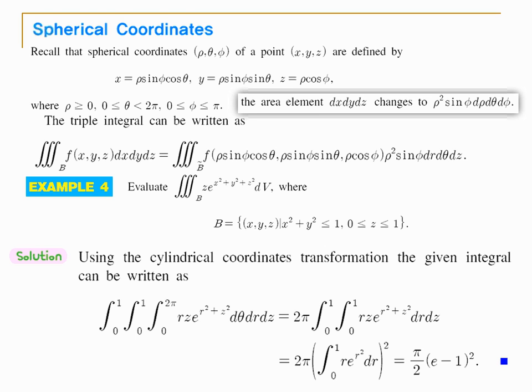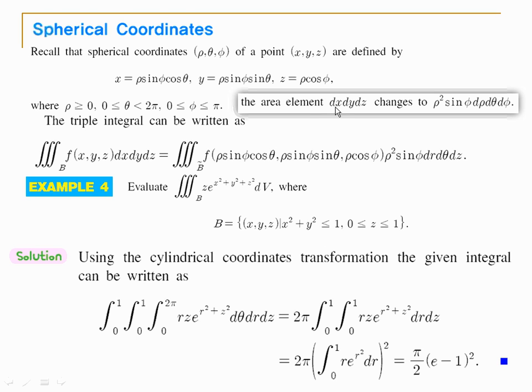Next, substitution to spherical coordinates. If we want the spherical coordinates of a point in rectangular coordinates, then x, y, z are replaced by this, where rho is greater than or equal to 0, theta is between 0 and 2 pi, and phi is between 0 and pi.